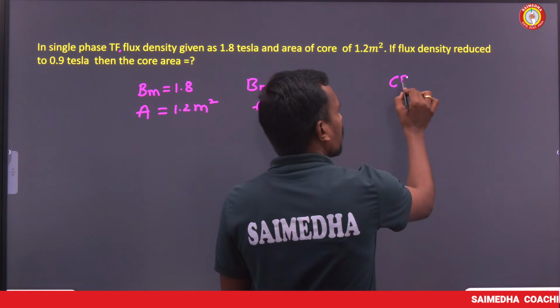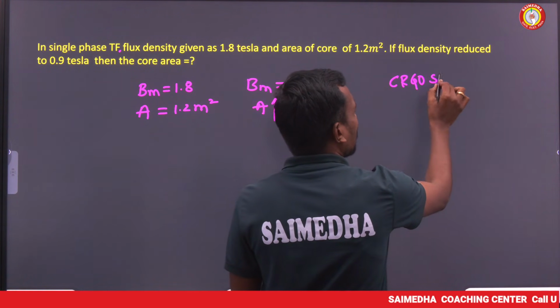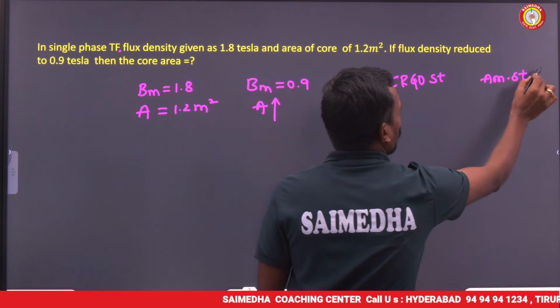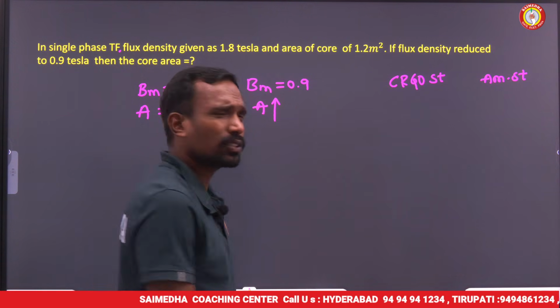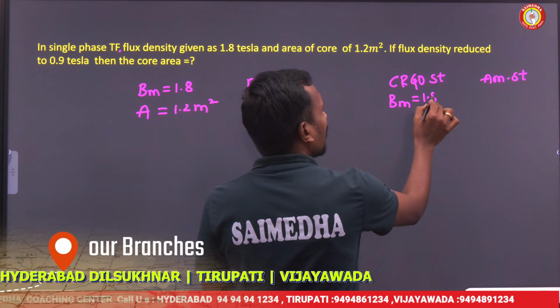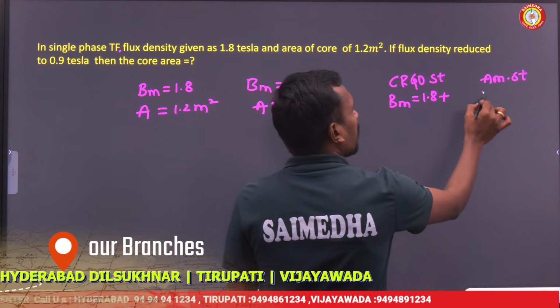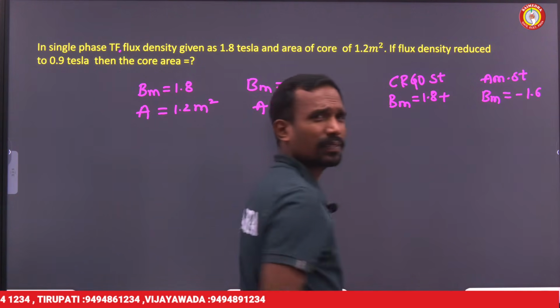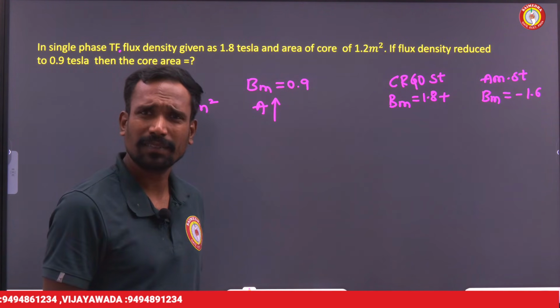Generally the transformer core is made up of CRGO steel. Of course, we have amorphous steel also. In CRGO steel, the flux density is very high, greater than 1.8, but in amorphous steel, the flux density is very low, even less than 1.6.